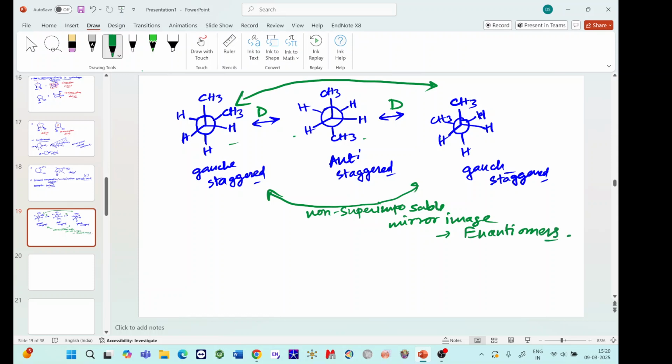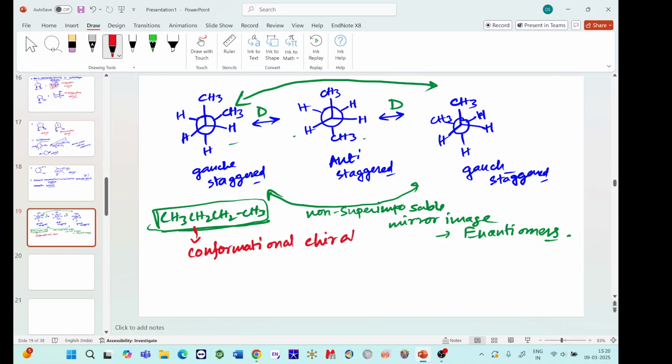Okay. So what is important here is that you see you don't have any chiral center present because butane is CH3, CH2, CH2, CH3. You don't have any chiral center present, right? There is no chiral center, but still it can show some chirality because of the conformation. So that gives rise to the thing called conformational chirality.